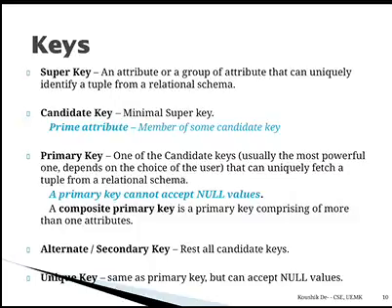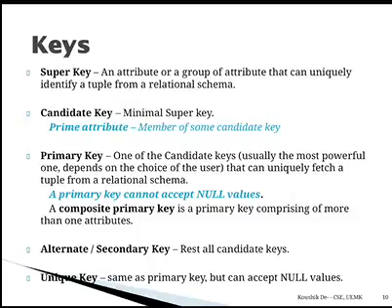So let's take an example to understand the concept of a primary key. For example, in a table there are three attributes: student ID, student name, student age. Out of these three attributes, one attribute or a set of more than one attribute can be a primary key.